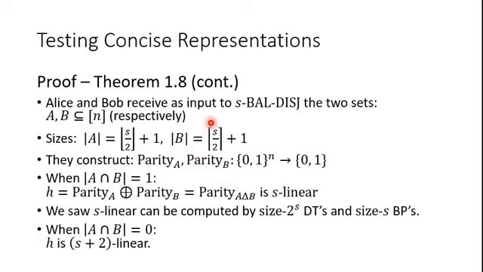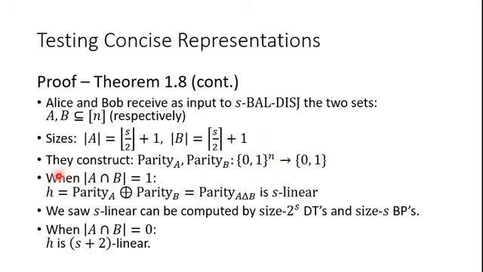Alice and Bob receive as input to S-balanced disjointness the following two sets, A and B, A for Alice, B for Bob, from 1 to n, and the sizes are as we would expect for the input for S-balanced disjointness. They each construct a parity function, parity A and parity B, from {0,1}^n to {0,1}.